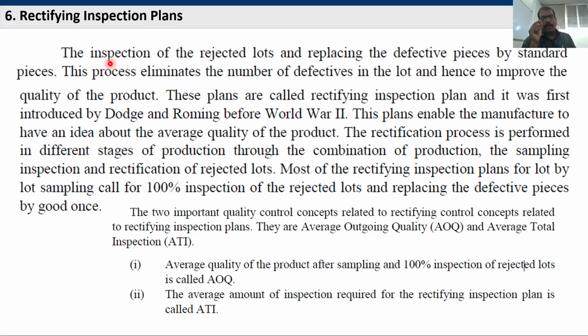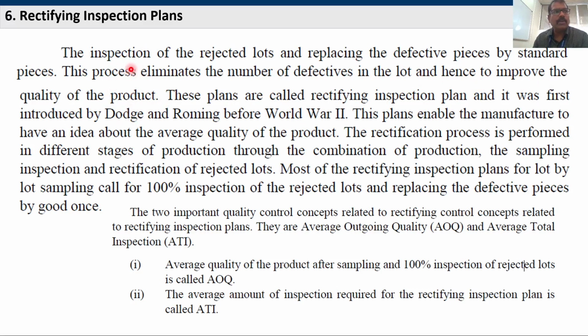If any one particular batch or sample goes out of control, we remove that, and without that data we recalculate X bar and R. But instead of removing that, you take different samples, or you remove the products which you checked that come under defective or out of dimensions, and replace them with the standard product. This process eliminates the number of defectives in the lot and hence improves the quality of the product.